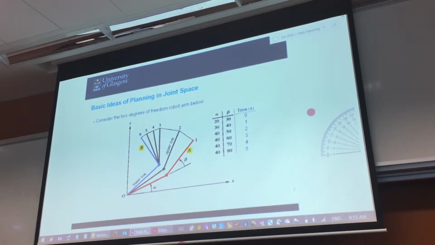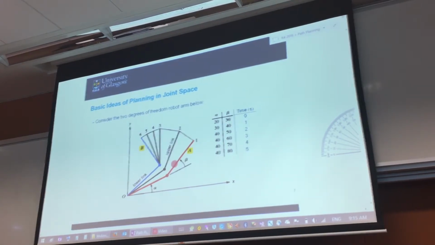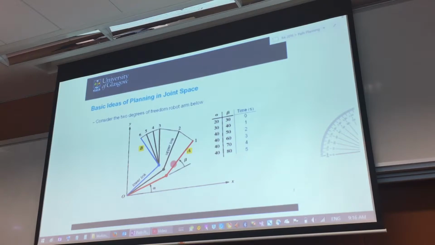So I have this very simple robotic arm over here, where I'll define this one as my lower link and that one as my upper link. So I'll use my arm to represent that, so you can see this one is my lower link, and that part here, one straight element, is my upper link.